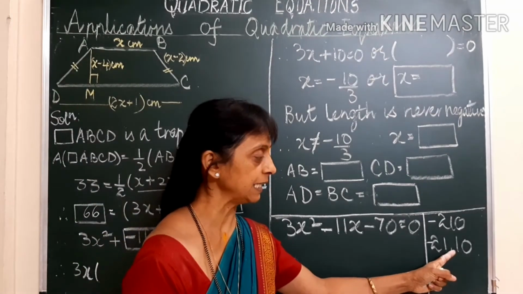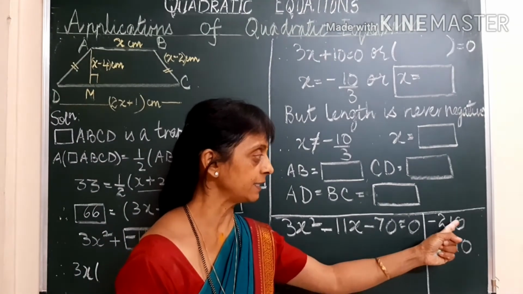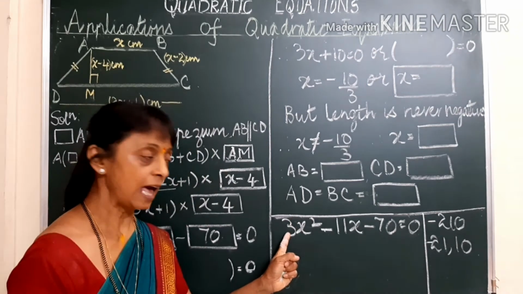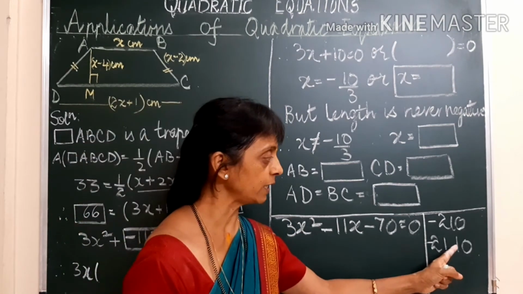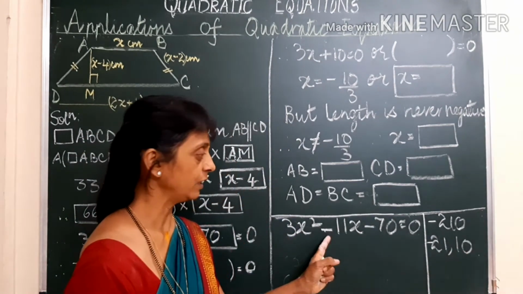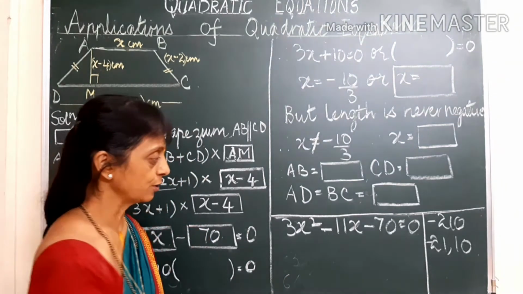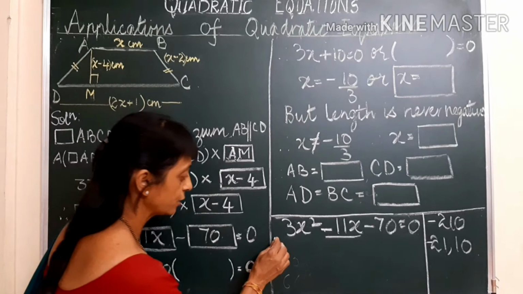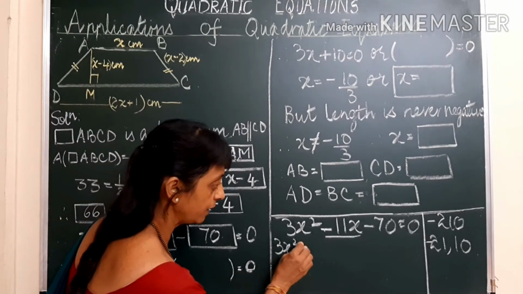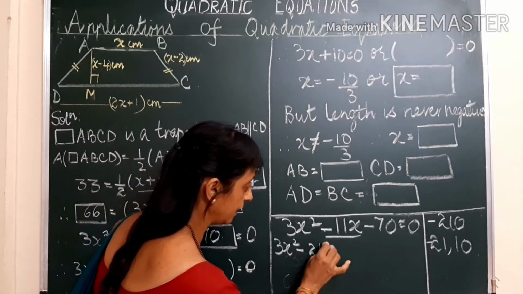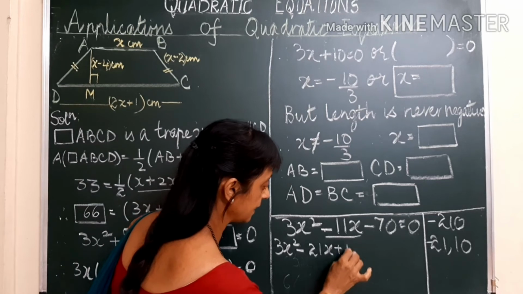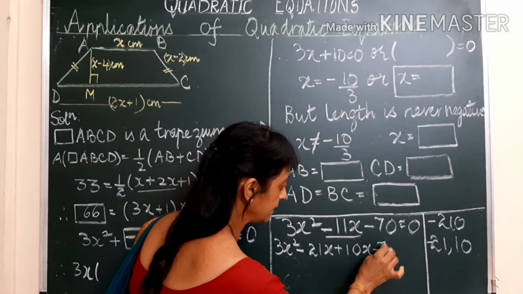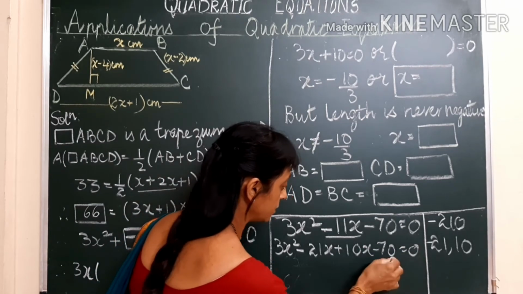Minus 21 into plus 10 will give you minus 210, and minus 21 plus 10 will give you minus 11. So now we are ready with the pair. Let's split up. So what do we get? 3x squared minus 21x plus 10x minus 70, which is equal to 0.